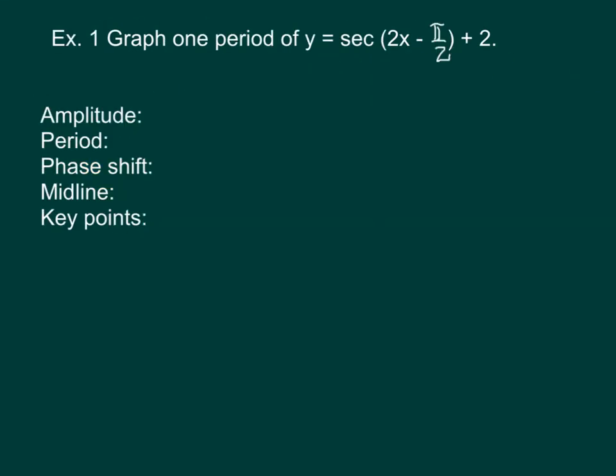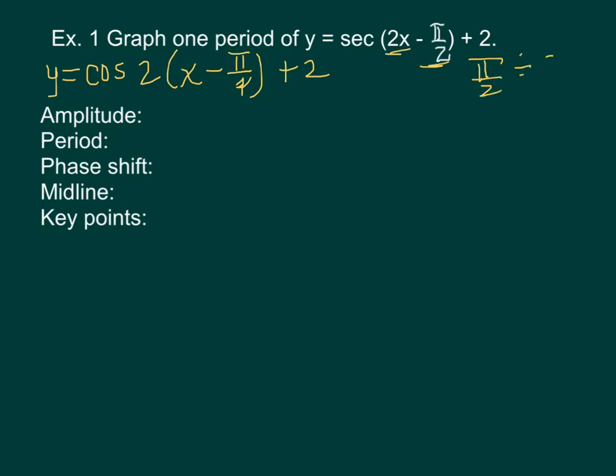So looking at example 1, we're going to look at the secant graph, which really we're using the cosine graph. And I'm going to factor out a 2 so I can get x by itself. So when you do pi over 2 divided by 2, that's the same thing as pi over 2 times 1/2, which is how I got pi over 4.